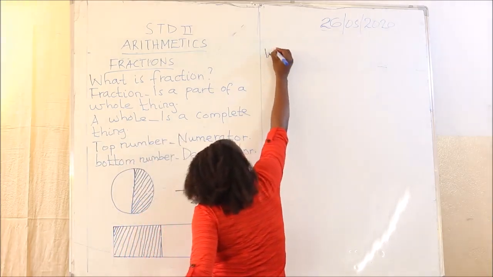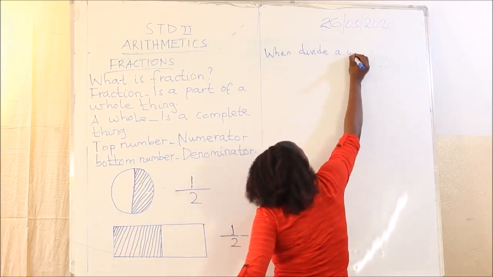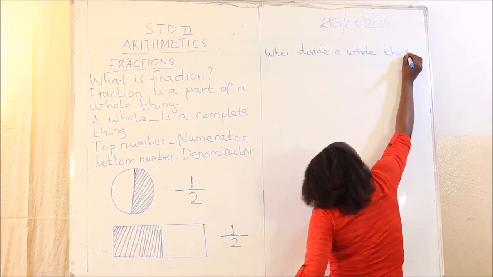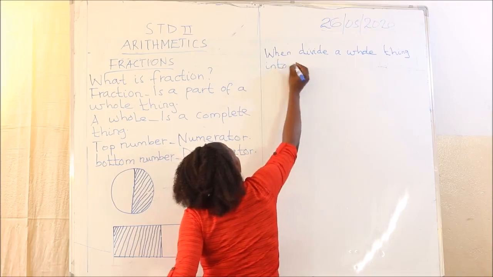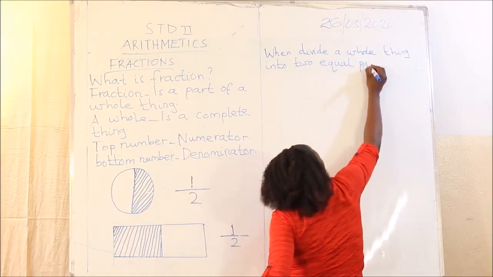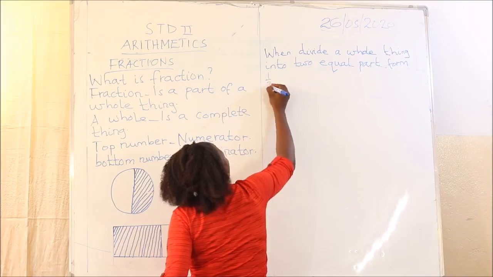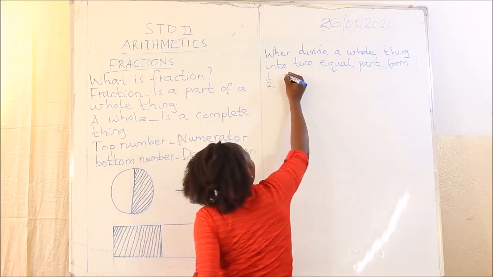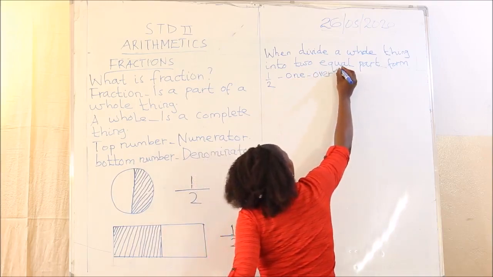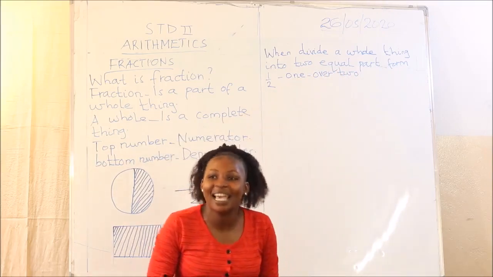So when you divide a whole thing into 2 equal parts, you form 1/2 in figures, or in words you have to write one half. The alternative name of 1/2 is also known as a half.